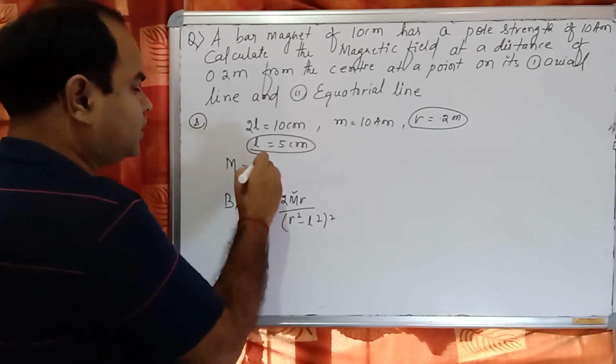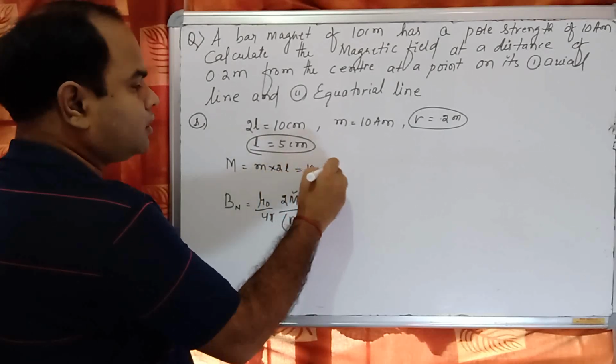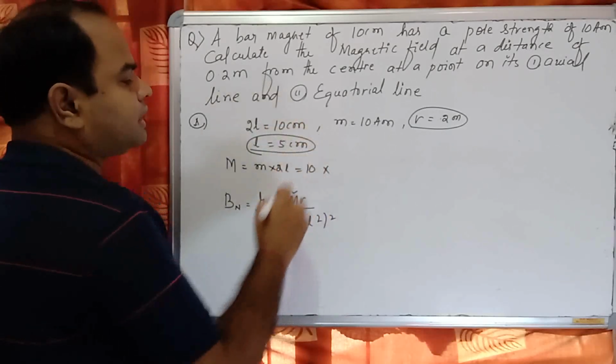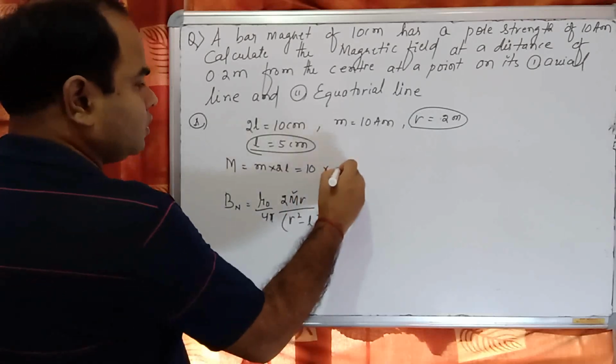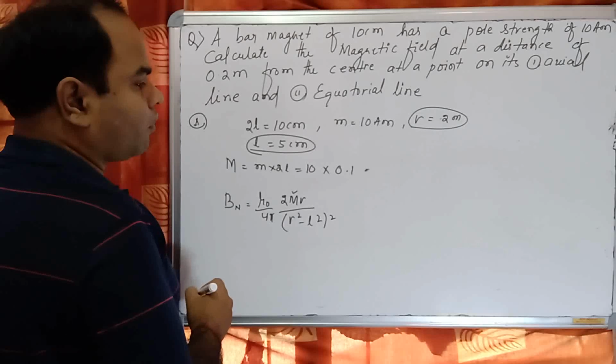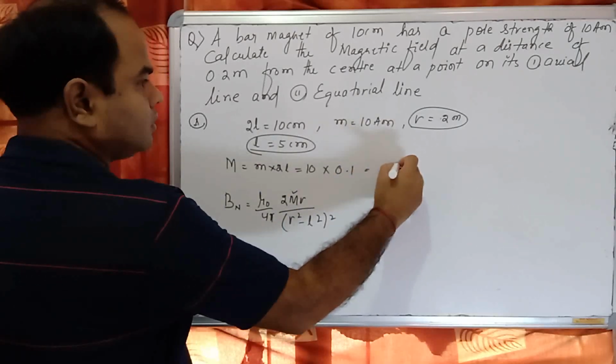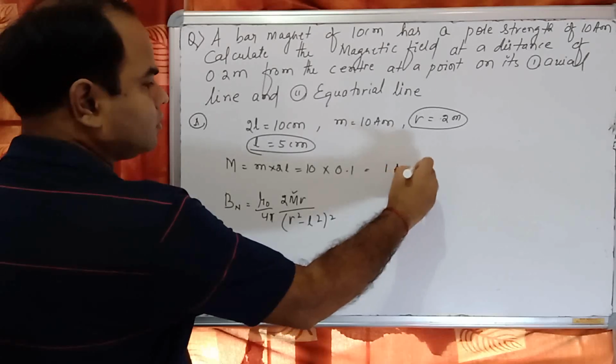Magnetic dipole moment is equal to m into 2l, that is 10 into 10 cm. 10 cm means 0.1 meter, so that is equal to 1 ampere meter square.